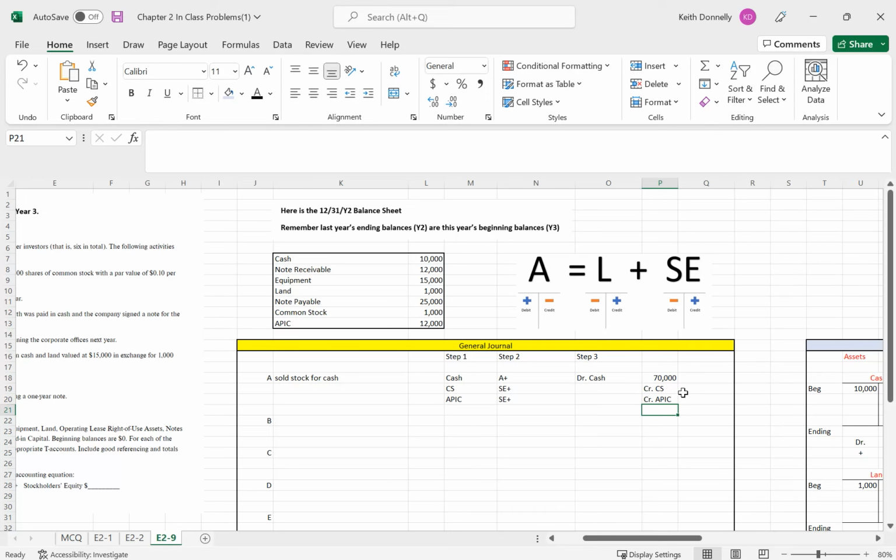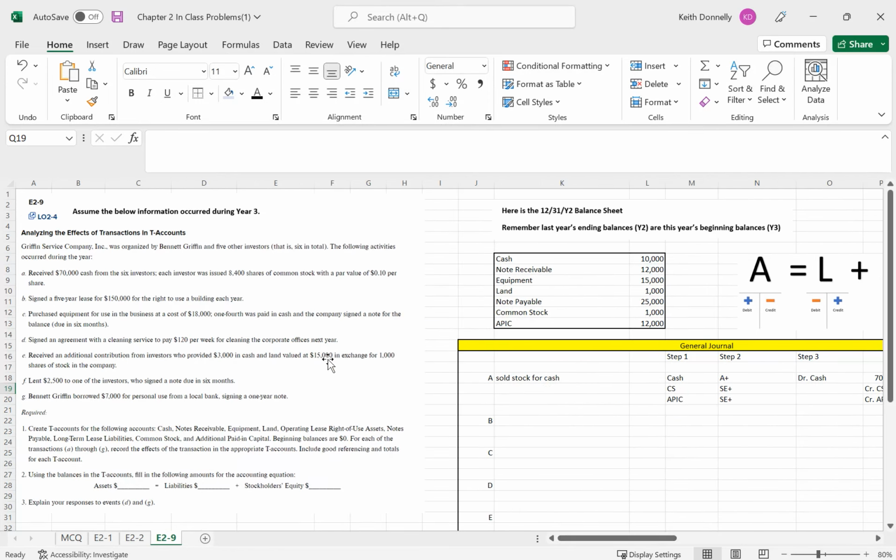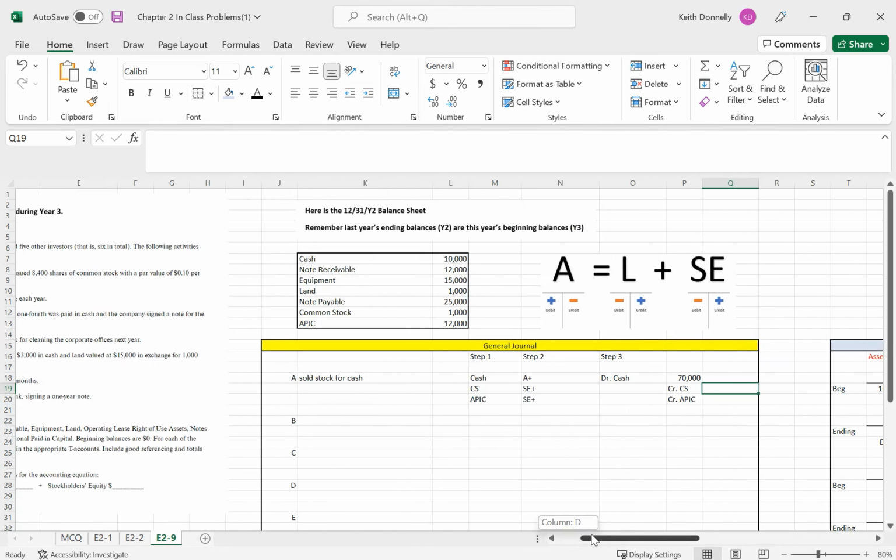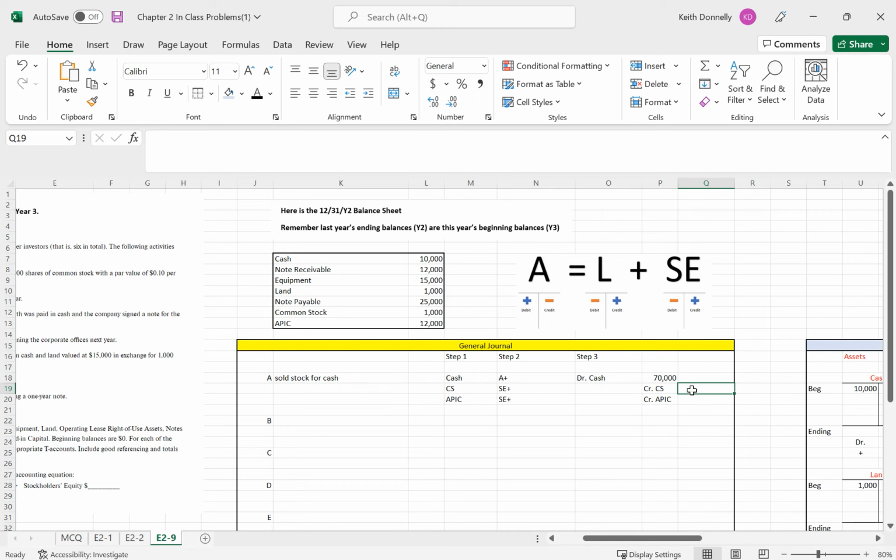Now, the idea here for common stock is a little tricky. We have to think about this. It's going to be 8,400 shares that each investor receives, and there's 6 of them. So we do 6 times 8,400 times the par value. It's basically always the total number of shares you issued.